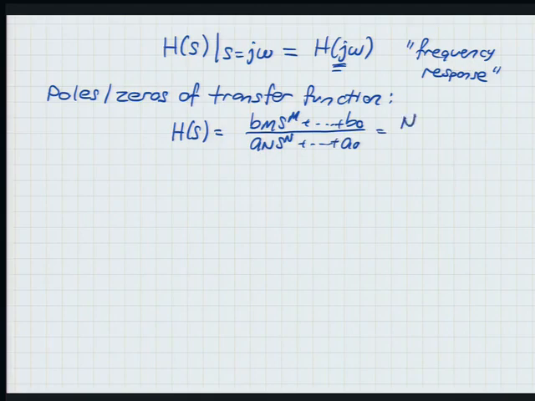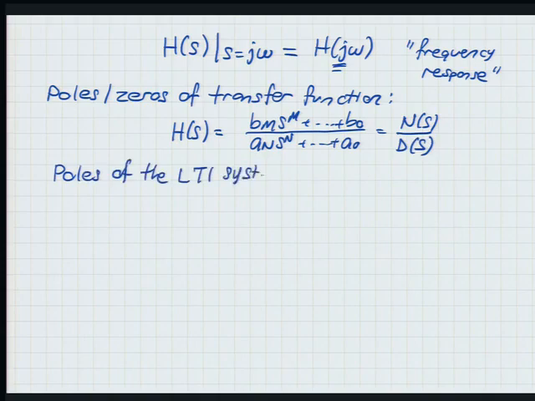So this is the numerator here. I'm going to call it n. And this is the denominator. I'm going to call it d. So the poles of the LTI system are basically the roots of the denominator polynomial of the transfer function. So the set of all s such that d of s equals 0. Since d of s is a polynomial of nth degree, how many poles am I going to get?